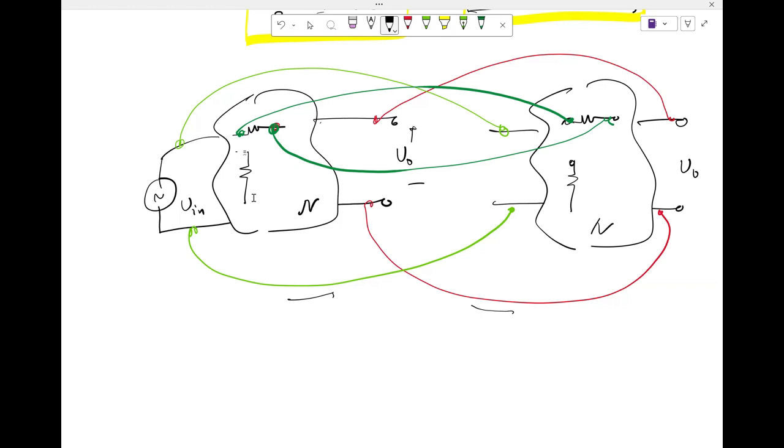Make sense? So even if I connect two things in parallel, node to node, your V0 over V in does not change. Your signal transfer function does not change.